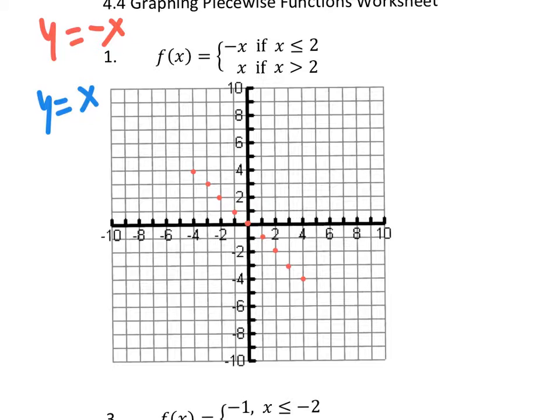You guys with me? However, what about the domain of this one? Up on the top part, on the negative x part, it says if x is less than or equal to 2. So I don't want any value that's greater than 2, so I need to erase any value greater than 2 on the x. This dot over here I erase, that dot I erase.